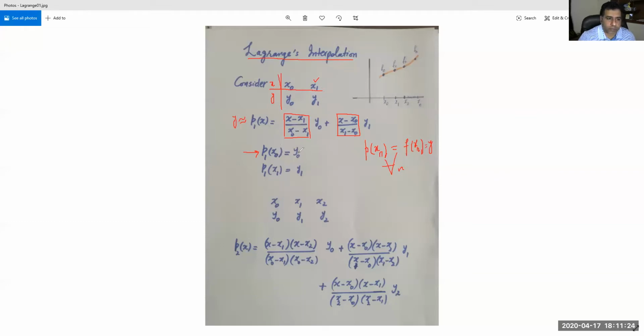This gives you y naught at x naught, since this will be dead at x naught, and this will give you 1. So 1 times y naught will be y naught. And when you come to the second node x1, this will be dead, and this factor will give rise to a value of 1.